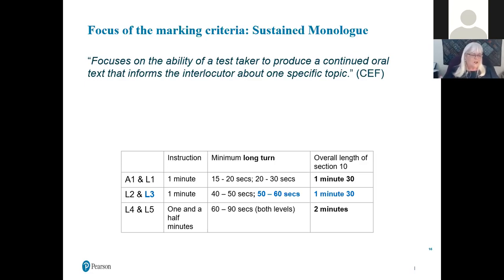The test taker has to achieve that 50-second time, or they can go longer, right up to 1 minute 30 if they can. And then the interlocutor will come in and ask a follow-up question to continue the conversation up to the 1 minute 30. Okay. If that long turn is not achieved within the 1.5 minutes, then again the mark is capped by 1.